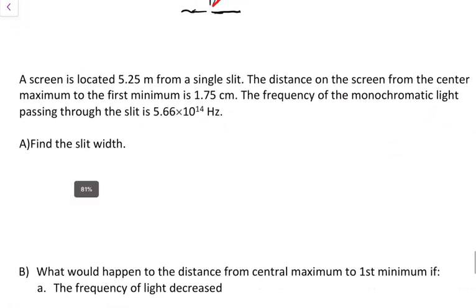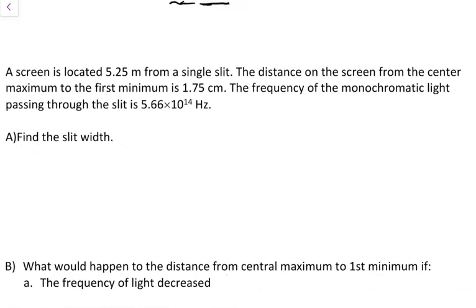We have a screen that's located 5.25 meters from a single slit. The distance on the screen from the center maximum to the first minimum is 1.75 centimeters, and the frequency of the monochromatic light passing through the slit is 5.66 times 10 to the 14th hertz. So my capital D is 5.25 meters, and the distance from the center max to the first minimum is 1.75 centimeters.